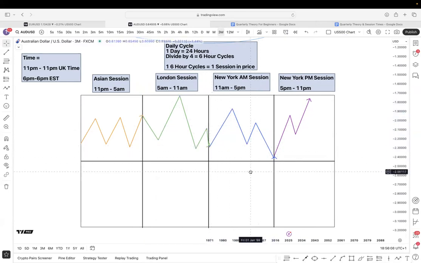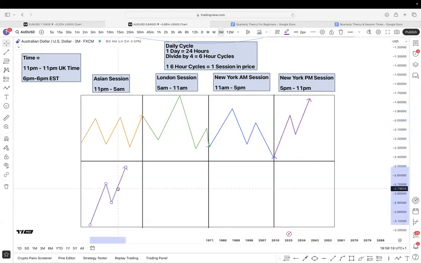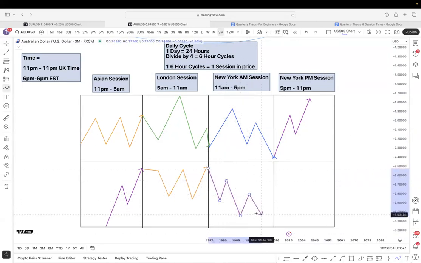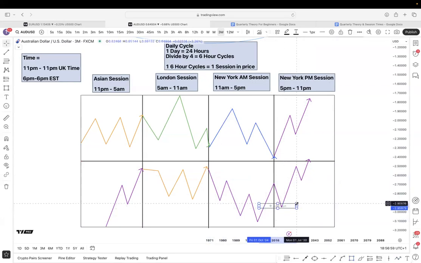But this is what I do like about using it with regards to quarterly theory, because if the Asian session is doing something like this, then that basically means I will not be partaking in the London session, because the likelihood is that the London session is more than likely going to be doing something like this, meaning that the New York session is more likely to offer some form of manipulation, and then actually the PM session is going to be the one you would want to potentially trade out of this particular area here.